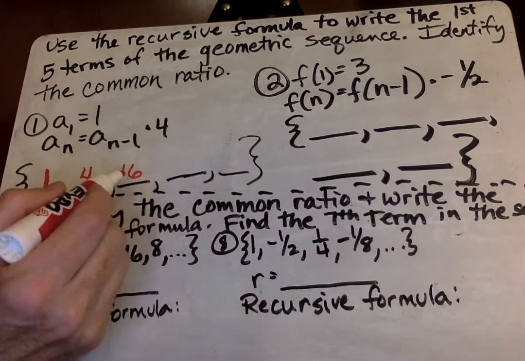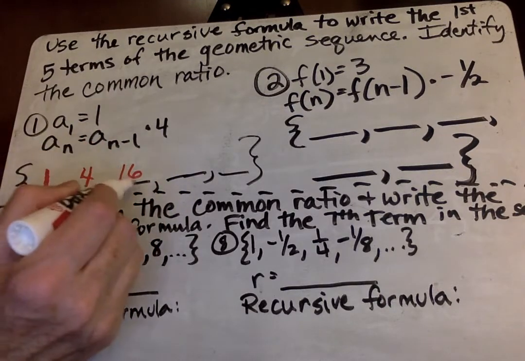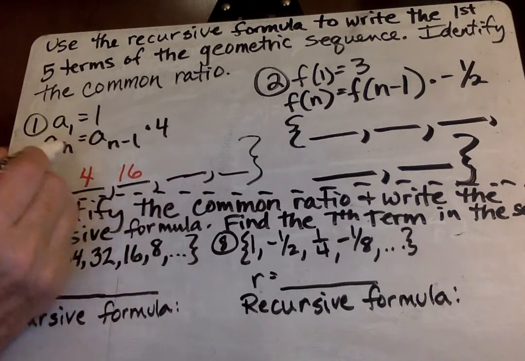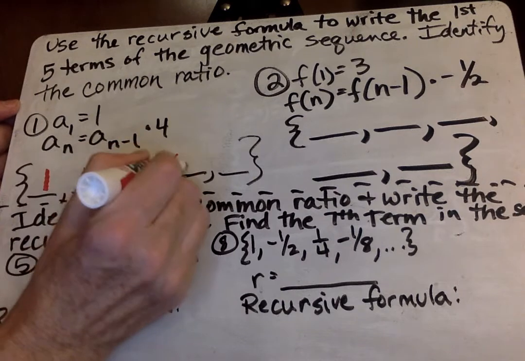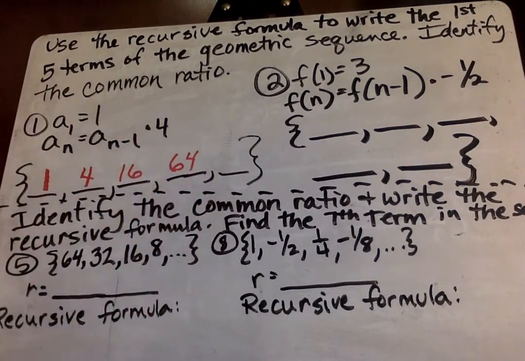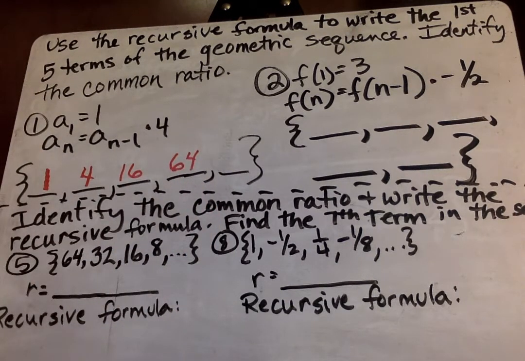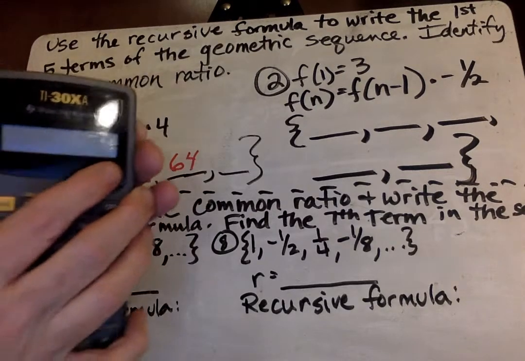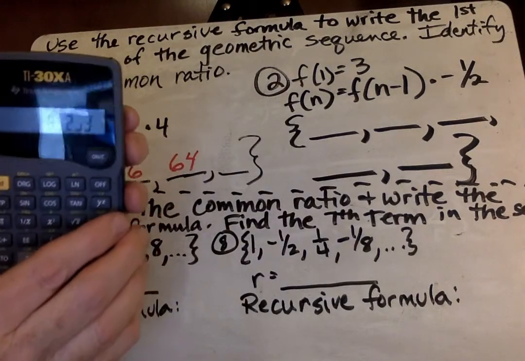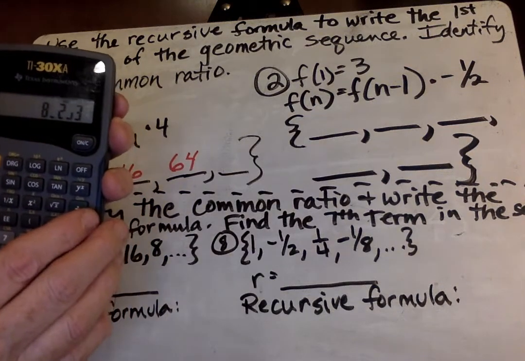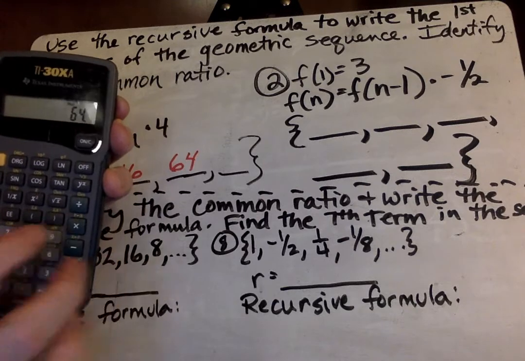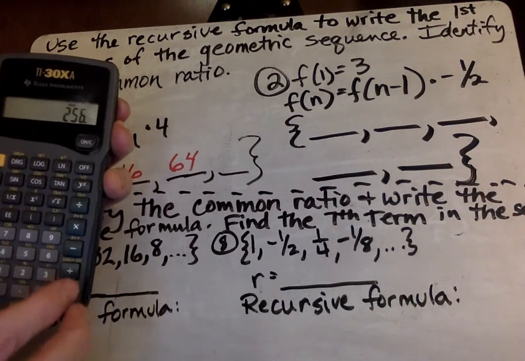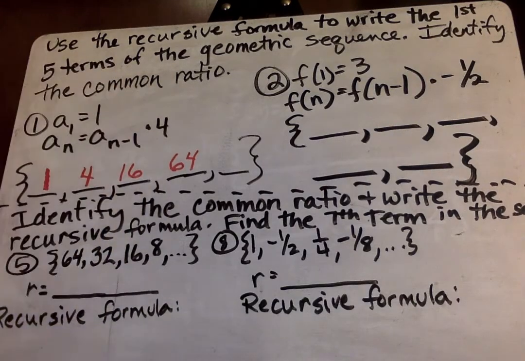Next, we'll put 16 right here. We're at 1, 2, 3. Now it's the 4th term. Again, we're taking the previous term, 16 times 4, and that's 64. Now for the last one, I don't think I can do it in my head, so I take my handy dandy calculator and say 64 times 4, and that is 256.